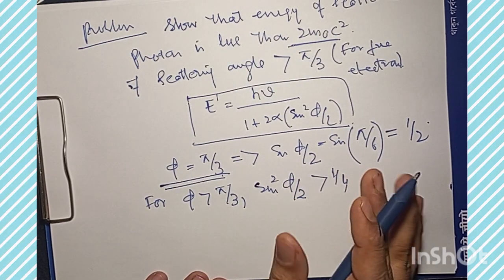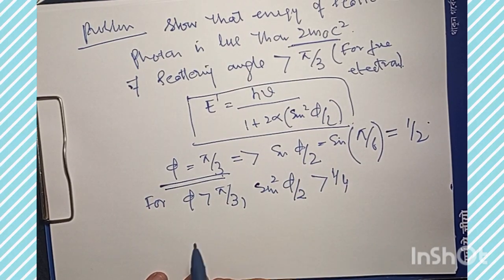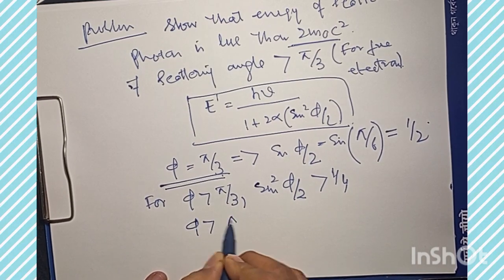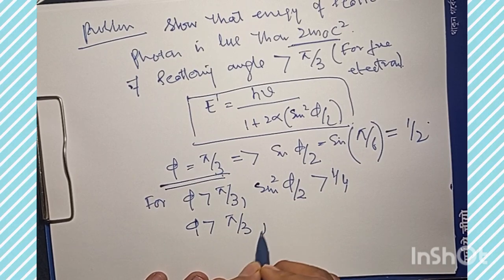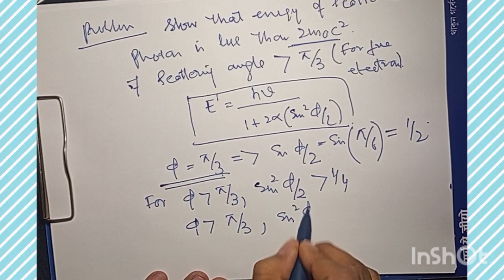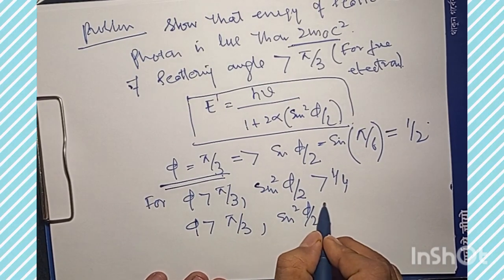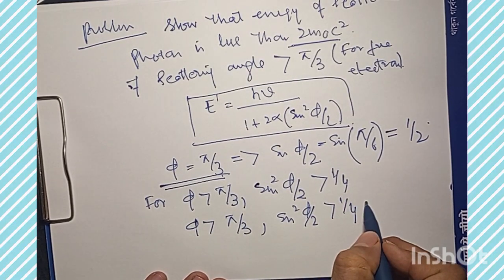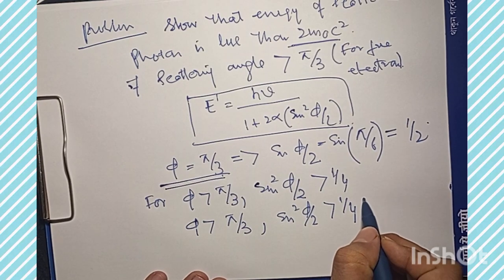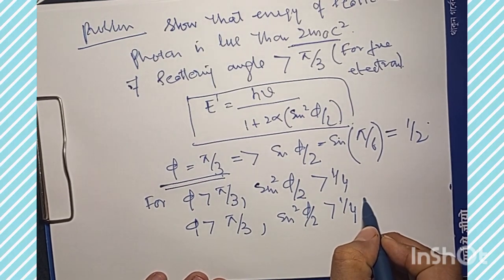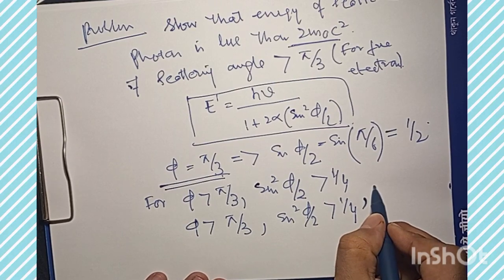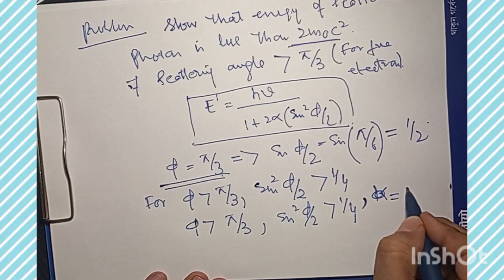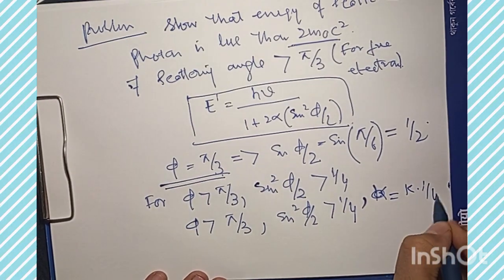So what we can generalize here is that phi being greater than pi by 3 means sine square phi by 2 is greater than 1 by 4, and we can introduce a constant k such that sine square phi by 2 is equal to k times 1 by 4.